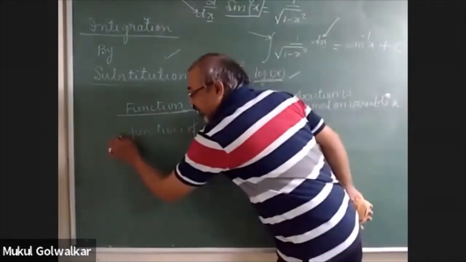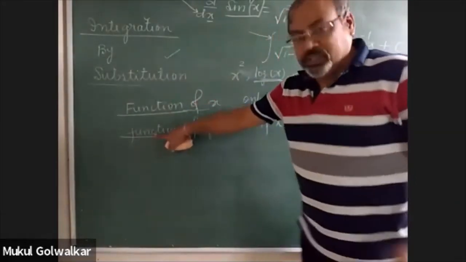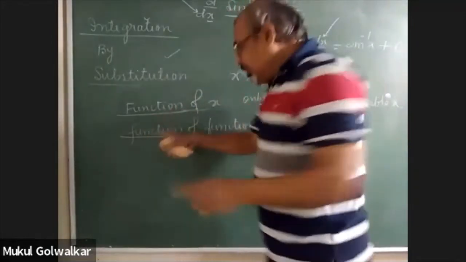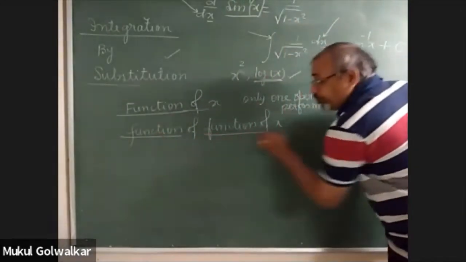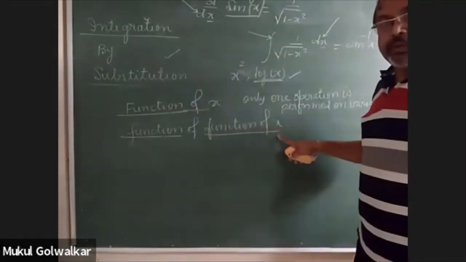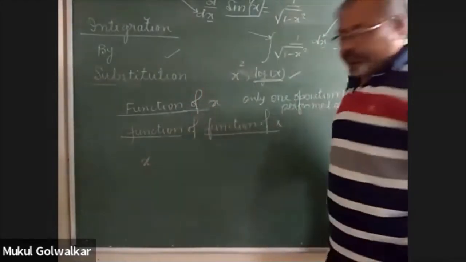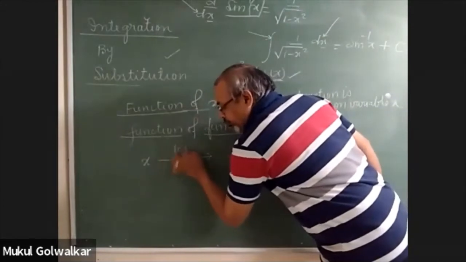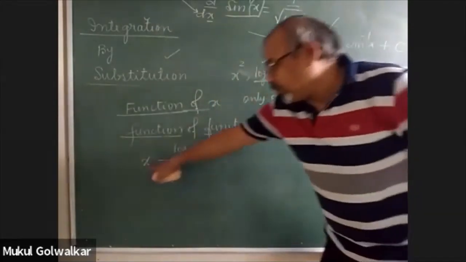But try to understand the difference. For this function you can imagine one mathematical operation, but this operation should be performed on the function of x itself. Try to see that. Suppose I take variable x and perform the operation log.